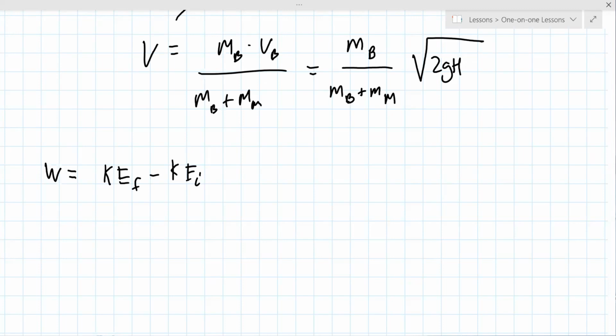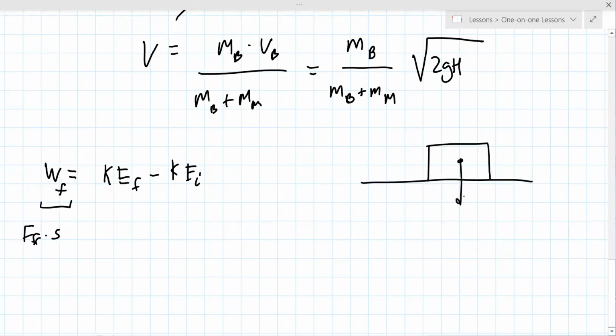So the work done by friction is the force of friction times the distance it travels, which is s. And they're moving together, so they have a combined normal force, which equals mg. The m in this case is really the mass of the block plus the mass of the magnet, times g times s. But because friction opposes motion, the work is negative.